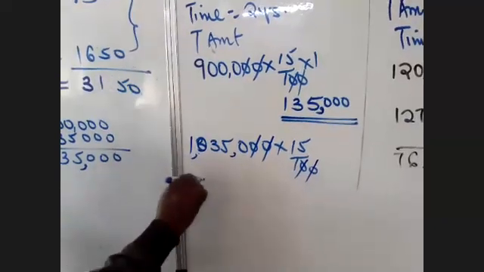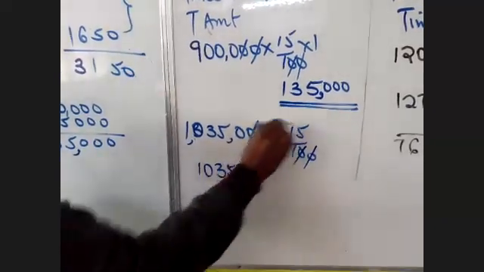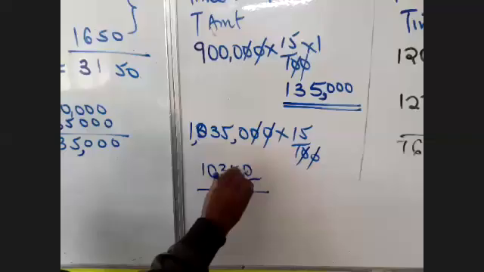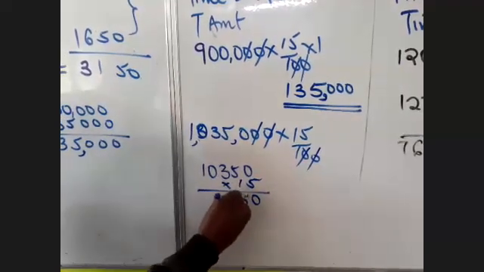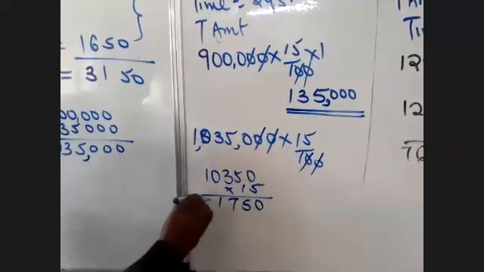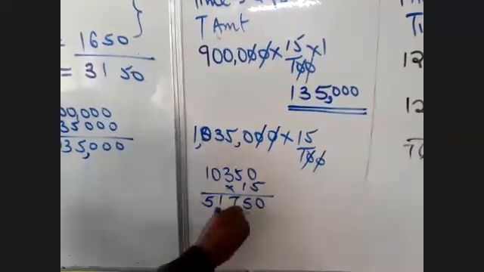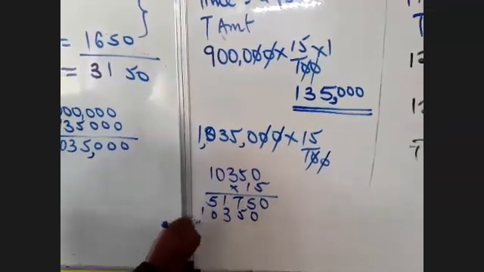So you say 10,350 times the 15, looking for the interest of year two alone. 0, 25, 15 is 17 and 5. And then 0, 5, 3, 0, 1.